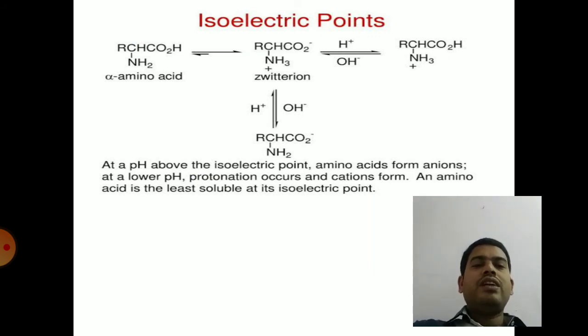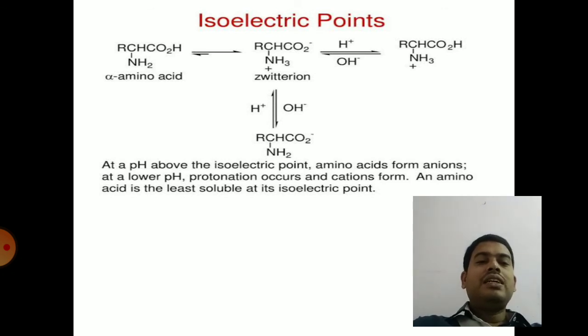Next one is isoelectric point. The pH at which the amino acid will exist as a Zwitter ion is called the isoelectric point. We have seen the structure of 20 standard amino acids. They have different types of groups on their structure.